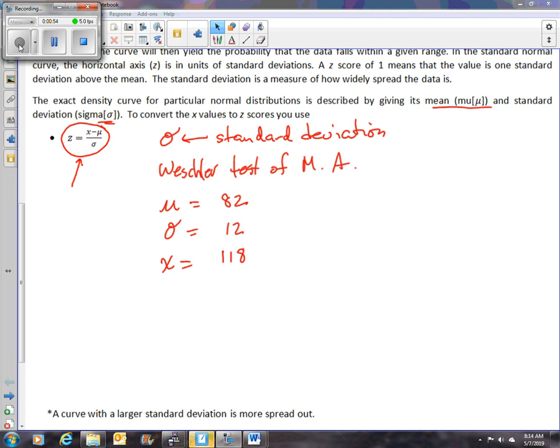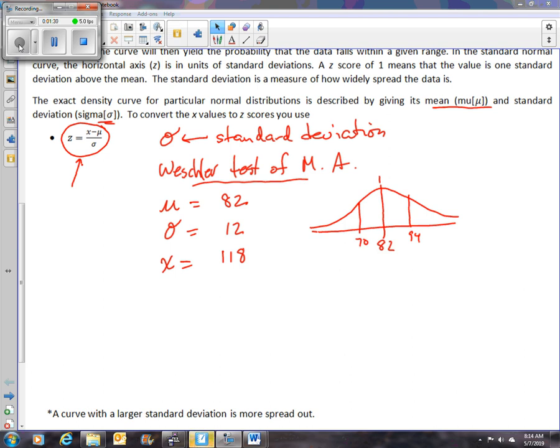Now, if the Wechsler test of mathematical appreciation is normally distributed, the curve looks like a bell curve, but it isn't the standard normal curve, because instead of 0 for the vertical axis, we have 82 here, and then one standard deviation above that would be 82 plus 12, or 94. One standard deviation below would be 82 minus 12, or 70, and so on like that.